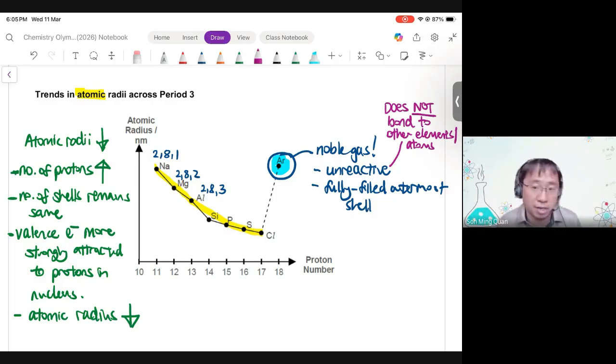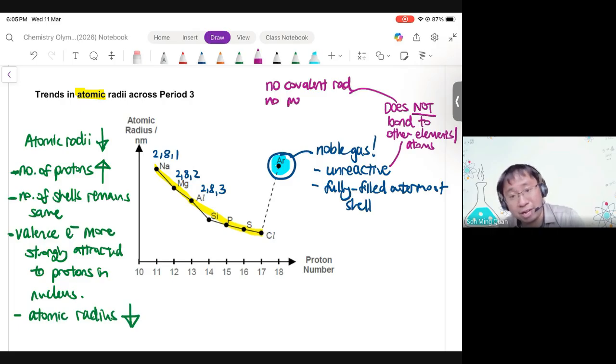Because it's unreactive, it has a fully filled outermost shell, there is no need to lose, gain, or share any more valence electrons. Oh, doesn't bond. I thought I just heard this a while ago. Not chemically bonded means, oh my god, do you think argon has a covalent radius? No.